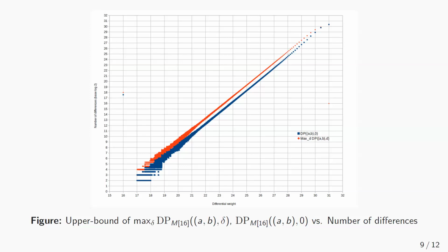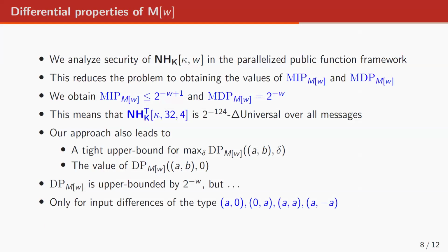The red points demonstrate the graph for the DP AB delta, where the maximum is taken over delta, and the blue line corresponds to the DP of AB comma 0. Here we have these 4 points that we already mentioned before.